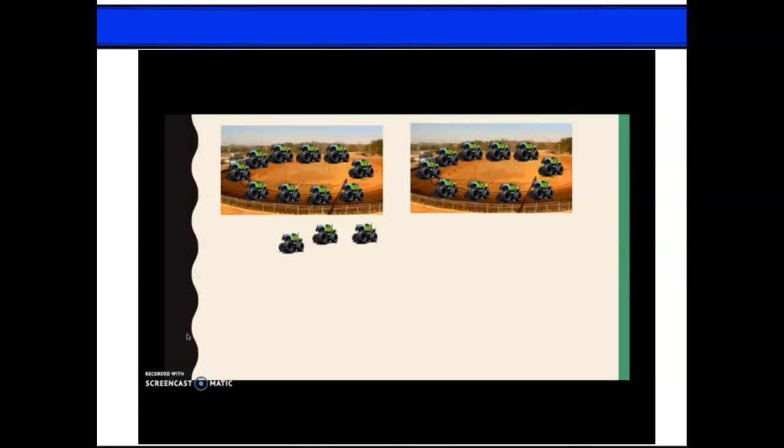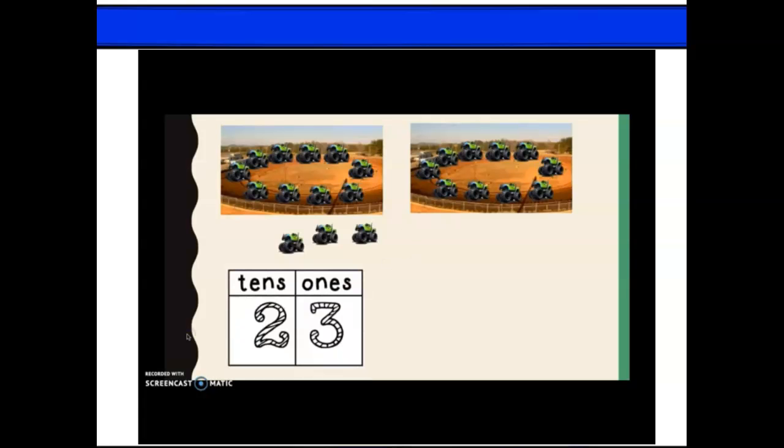I'm going to go ahead and organize that good information into a place value map. I'm going to say I had 2 10s and 3 1s, or 23. Oh no, I forgot. Out by the exit when you're leaving, there is another monster truck. So I didn't just see 23, I saw one more.